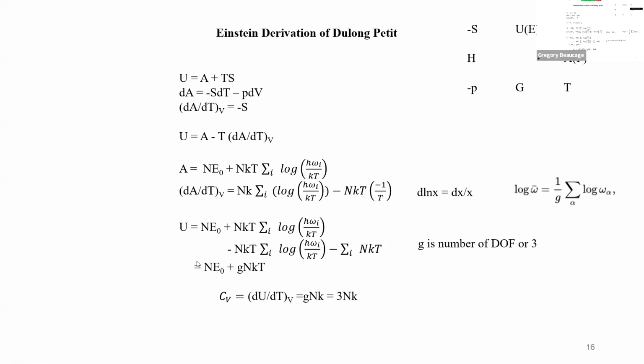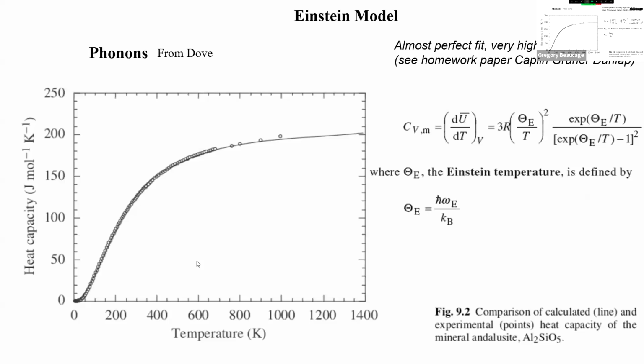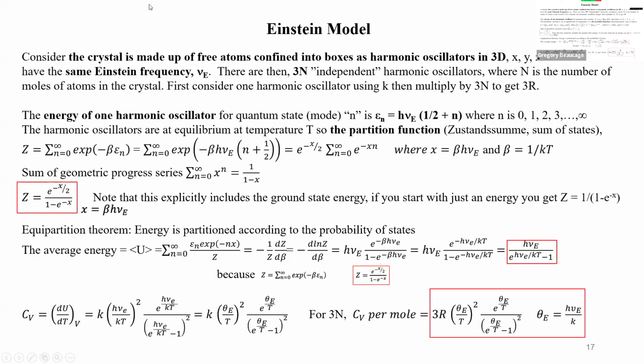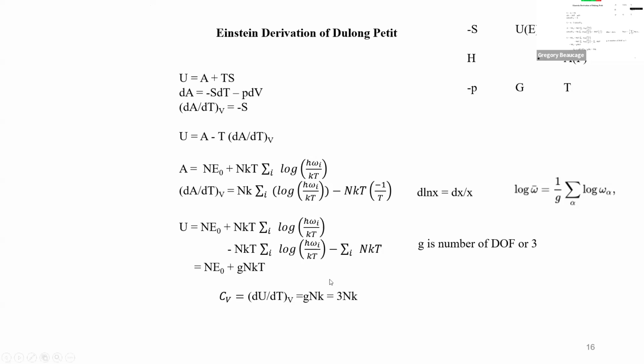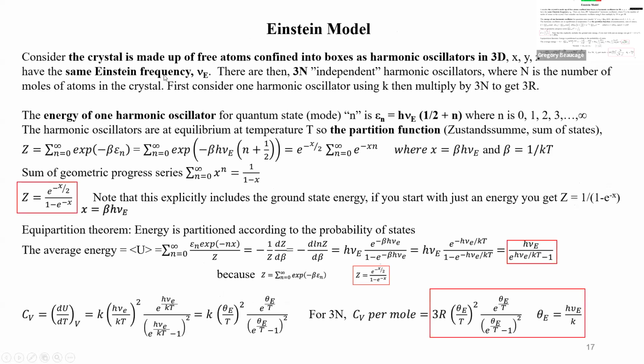So that means it's going to agree at the high end. If you plot it out, this will be 3R at the end of this curve, so you'll get the normal Dulong-Petit result at the high temperature end. At the low temperature end, this gets more complicated.